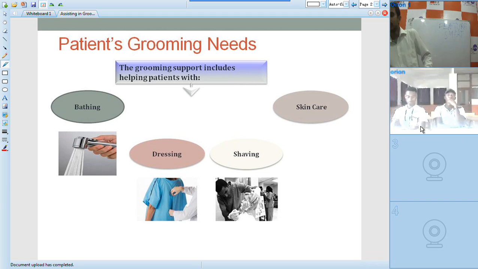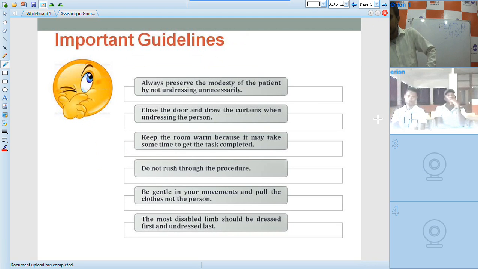Clear? Any doubt? No doubt. Okay. So these are the guidelines while you are grooming the patient or maintaining the grooming of the patient in the hospital.